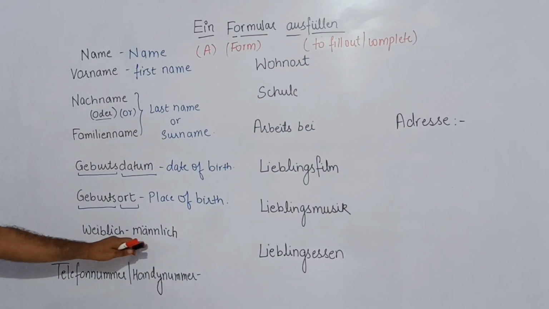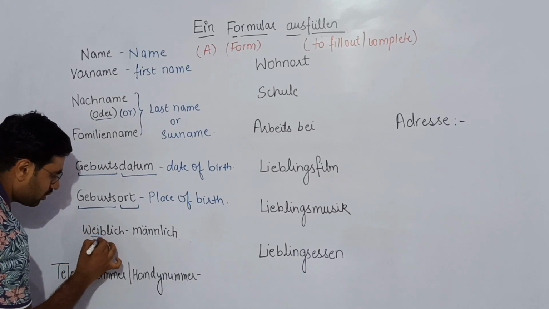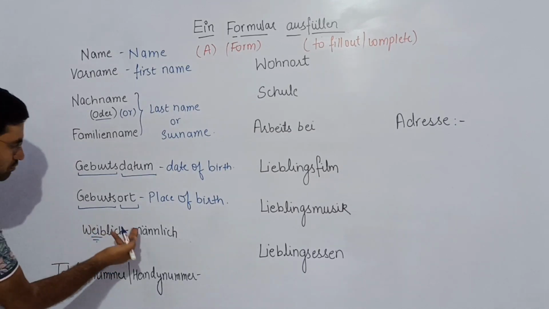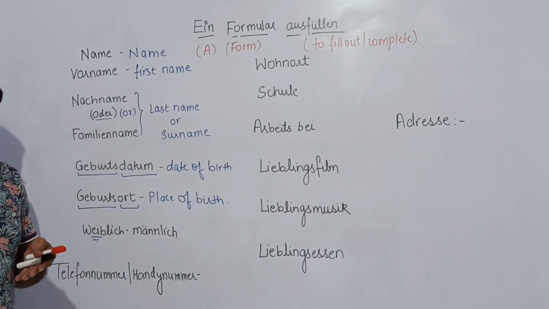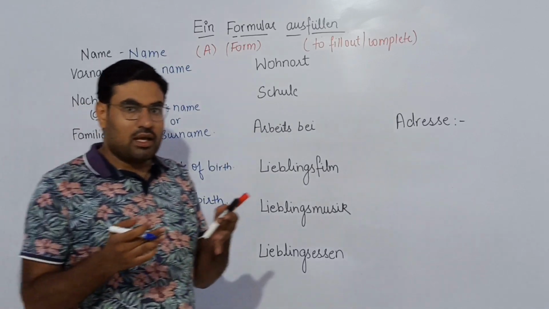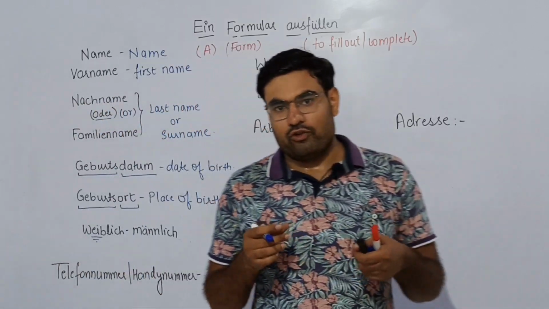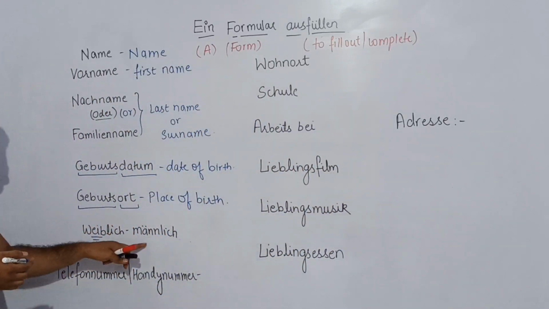Weiblich, männlich. EI has a sound of I. Male or female. In English we denote gender as male or female. In German, if you are filling a form, you will see weiblich, männlich.